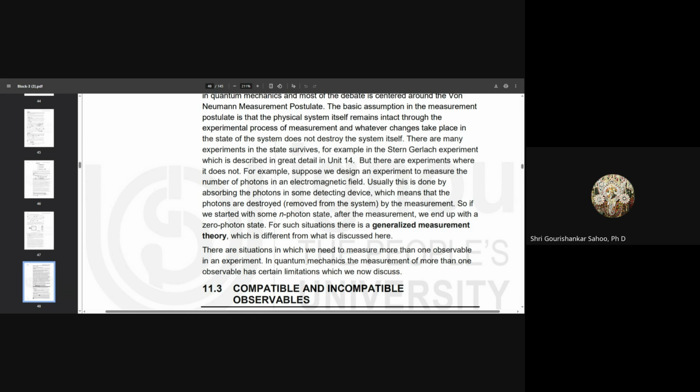It does not exist after the measurement, which means that the photons are destroyed, removed from the system by the measurement. So if we started with some n photon state, after the measurement we end up with a 0 photon state. For such a situation, there is a generalized measurement theory which is different from what is discussed now. So in the Stern-Gerlach experiment, after the experiment, the state survives. But in absorption experiments, where the photon is absorbed by the detecting device, the system collapses.